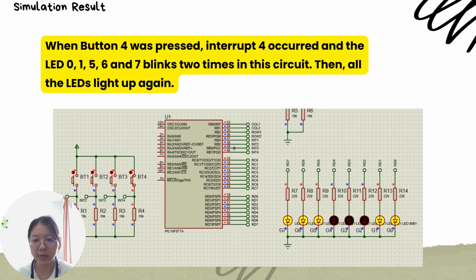When button 4 was pressed, interrupt 4 occurred and LEDs 0, 1, 5, 6 and 7 blink 2 times in the circuit. Then all the LEDs light up again. As you can see, the red circles show that LED 0, 1, 5, 6 and 7 light up.